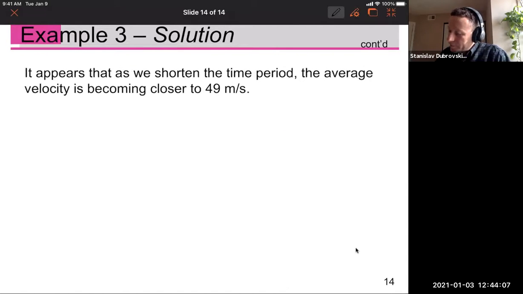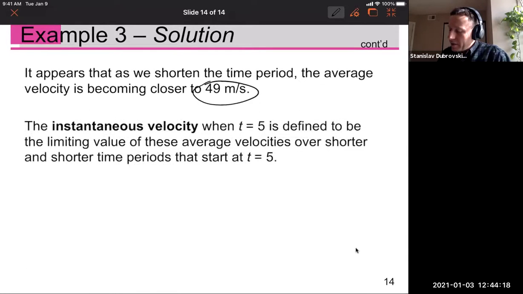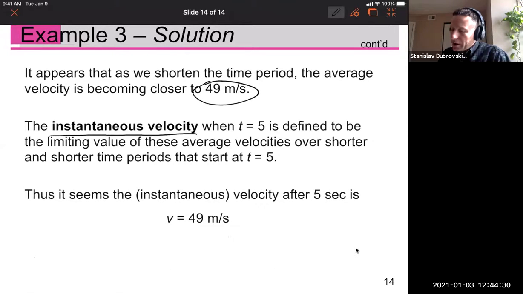And we will say that the average velocity in the limit is becoming closer to 49 meters per second. So we'll declare that the instantaneous velocity that we are trying to define, velocity at exactly 5 seconds, is the limit of these average velocities, and we'll set it to be 49 meters per second.